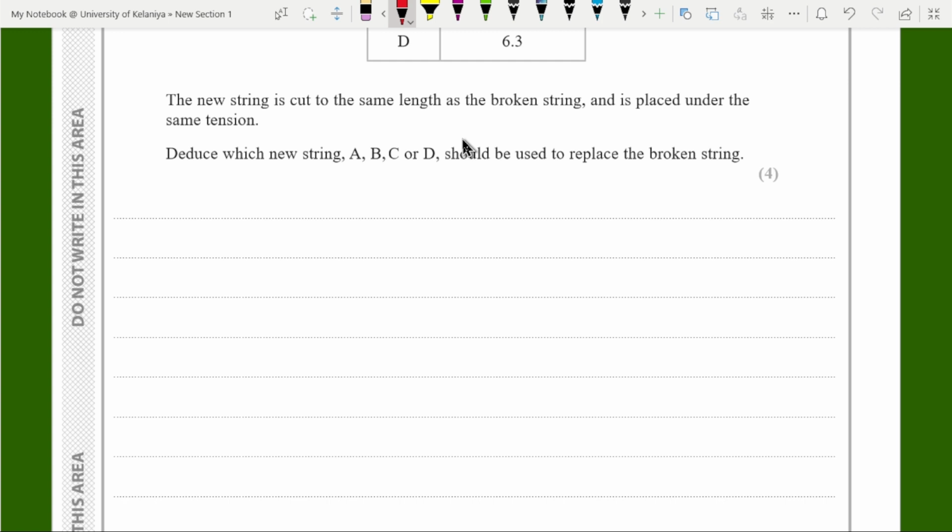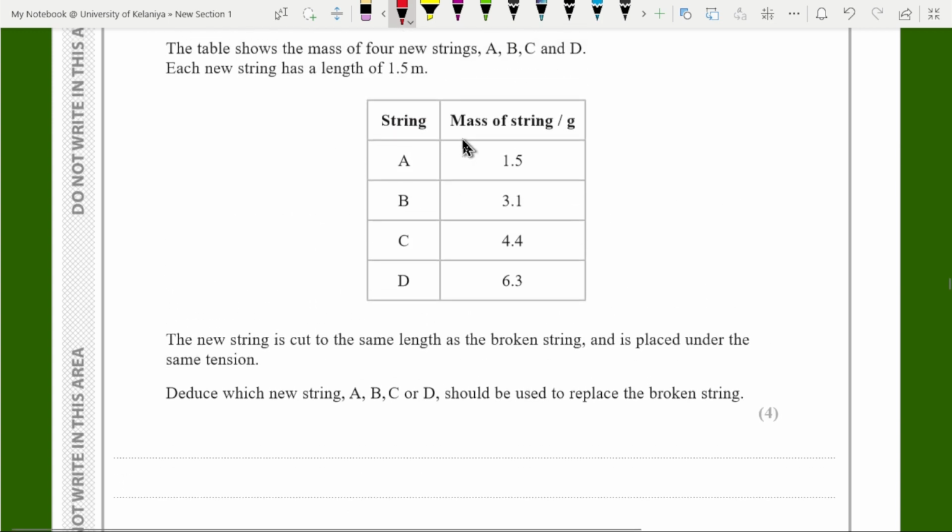So how can we do this one? Here they have given the mass of the string, and they have mentioned the length of the string. If you know the mass per unit length, then you can multiply it by the length, then you can have the mass. But how can we find this one? I hope you remember the equation v equals square root of T over mu.